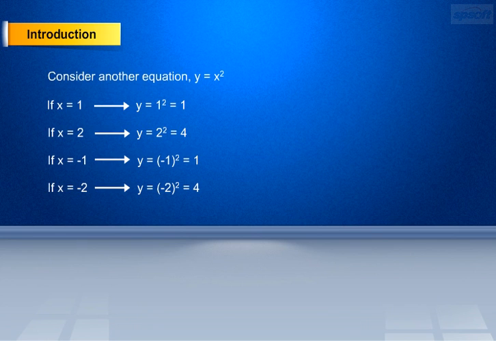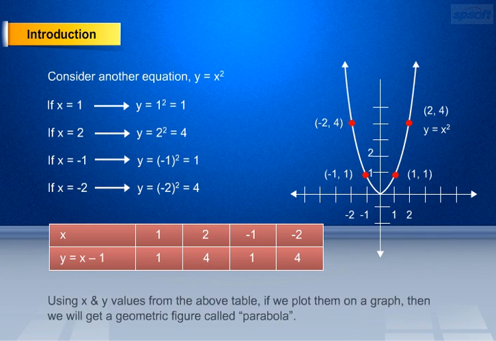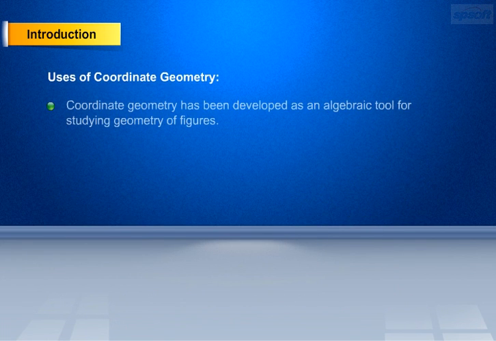If x equals minus 2, then y equals minus 2 whole square, that equals 4. The x and y values are (1, 1), (2, 4), (-1, 1), and (-2, 4). Using these x and y values, if we plot them on a graph, then we will get a geometric figure called parabola.